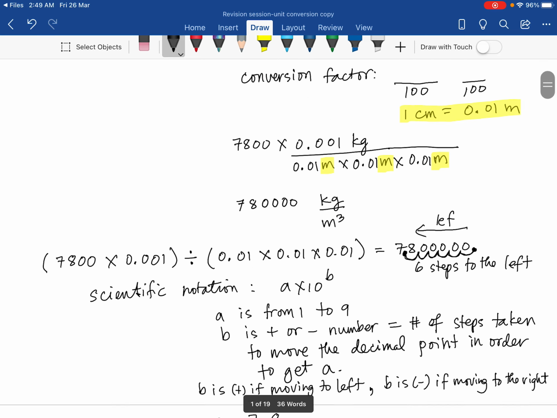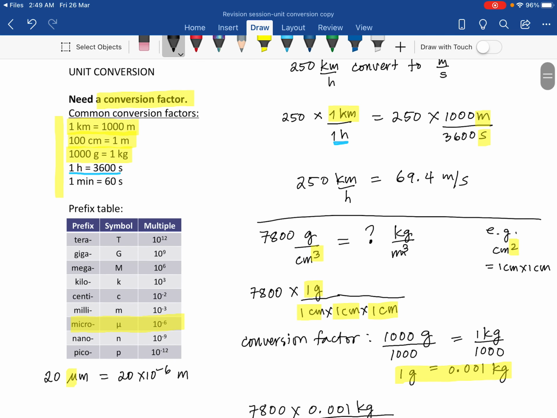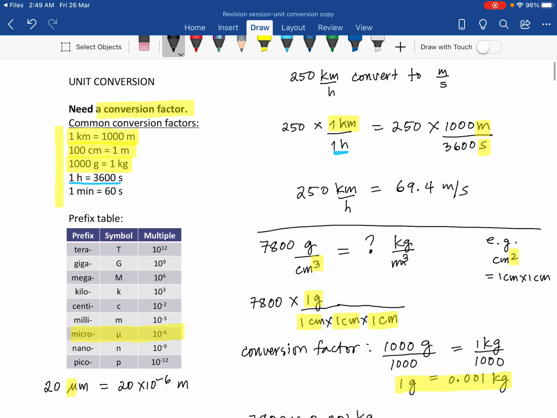So essentially, for converting, the most important thing you need is a conversion factor. Write your value in terms of number times the units, then use the conversion factor to replace the units that you don't want with the units that you want.